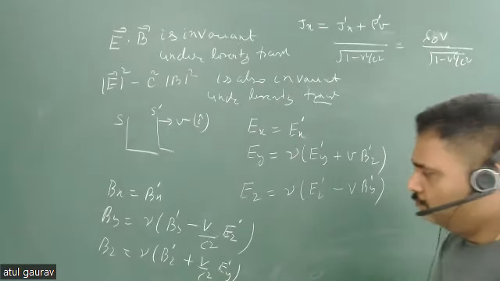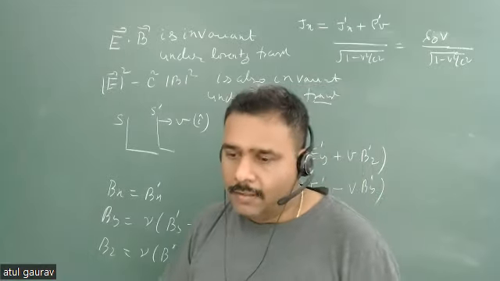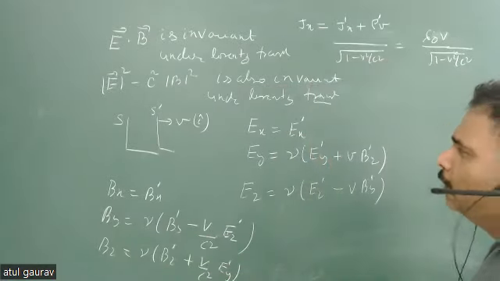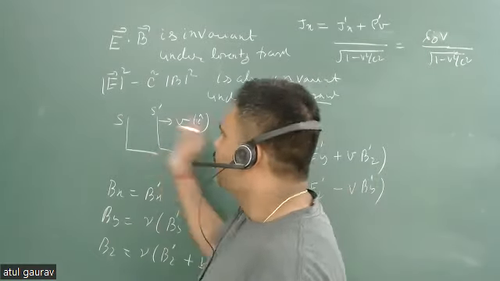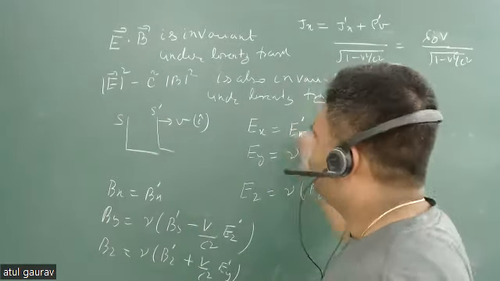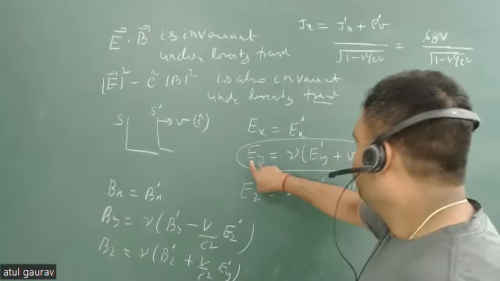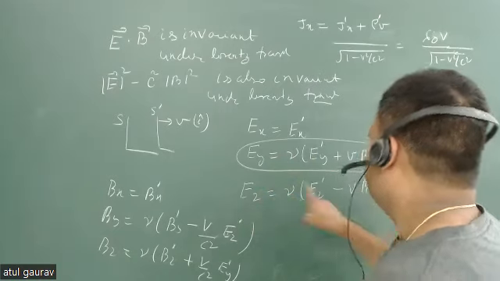There is nothing that you cannot remember, because deriving this in the exam will be very difficult. So how will you remember? Don't worry. S dash is moving along the X direction, so there is no transformation for X. Remember only one thing: Ey, Ey dash, Ez, Ez dash.